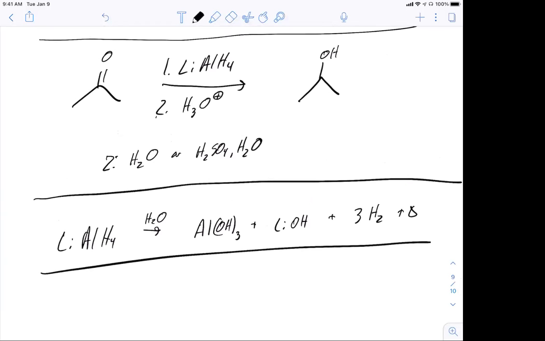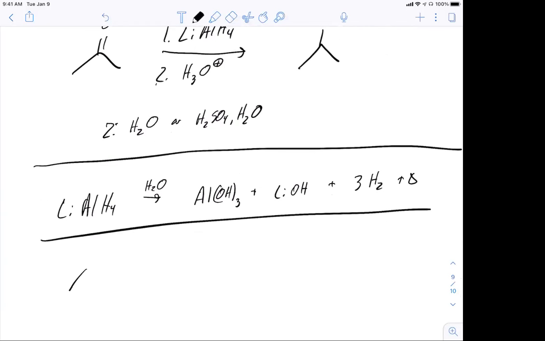Now I've shown it with ketones. Let's go ahead and show it with aldehydes.